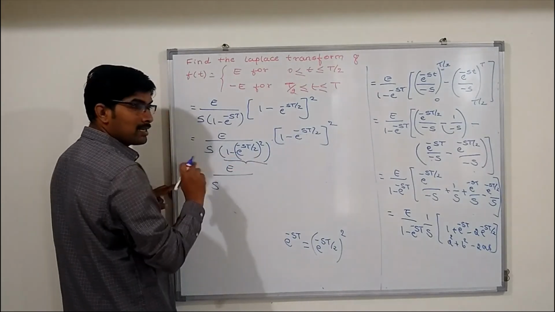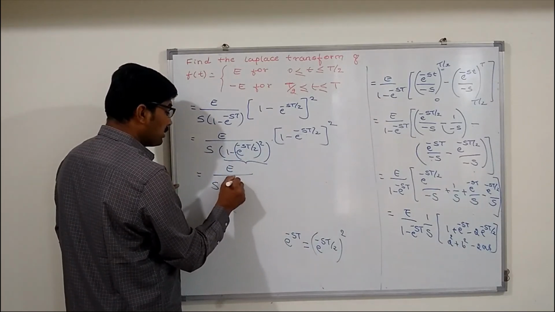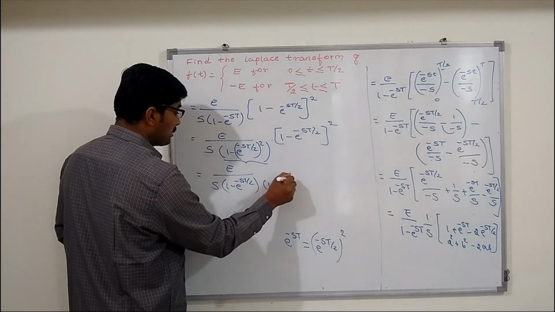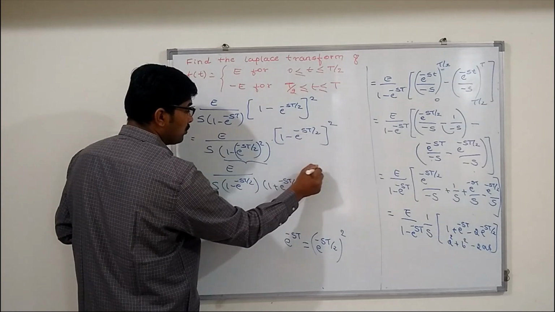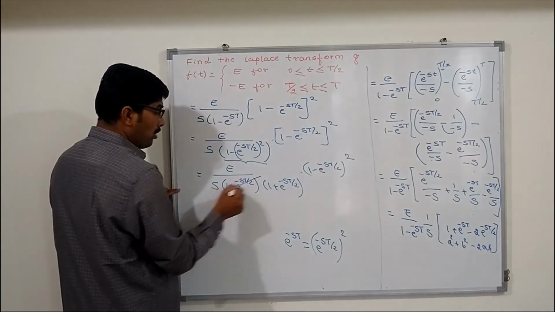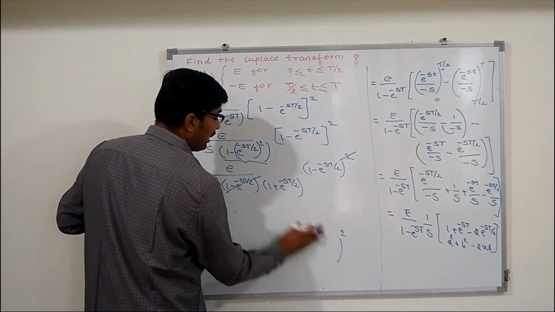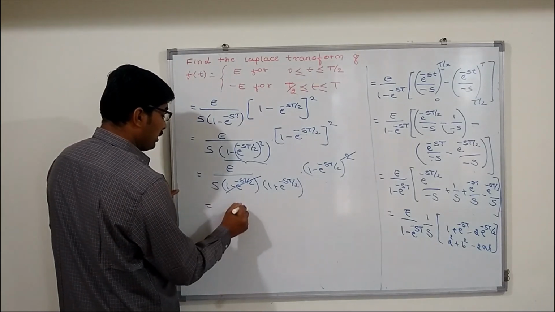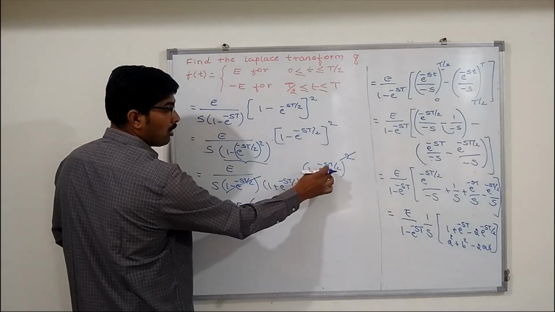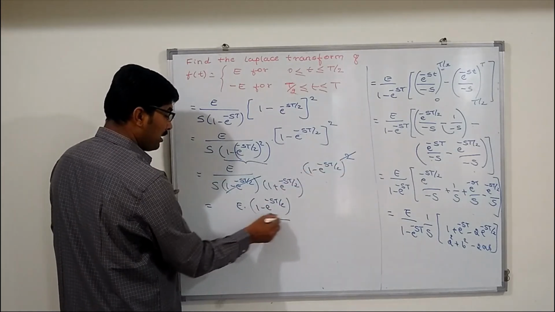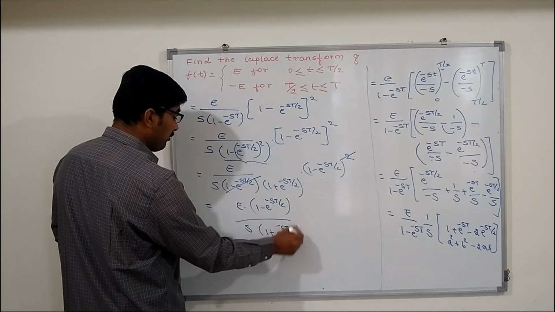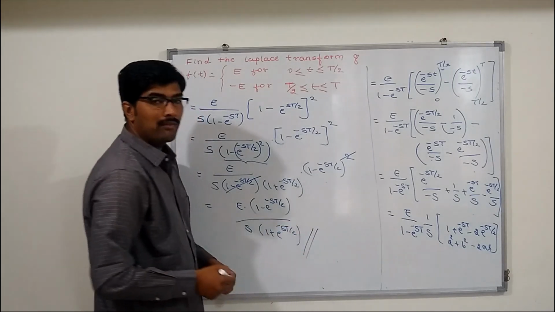This term has two factors, a plus b and a minus b, meaning 1 minus e raised to minus st by 2, and one more factor is 1 plus e raised to minus st divided by 2, into 1 minus e raised to minus st by 2 whole square, where one of the terms gets cancelled. So we get e into 1 minus e raised to minus st by 2, because one factor gets cancelled and one factor remains, divided by s into 1 plus e raised to minus st divided by 2, which is the required solution.